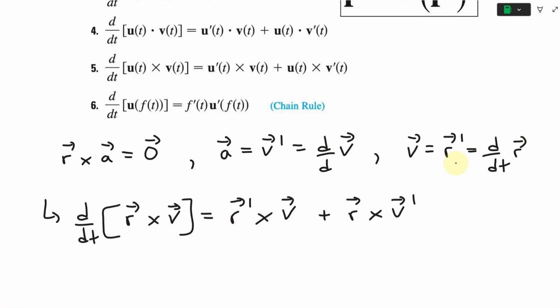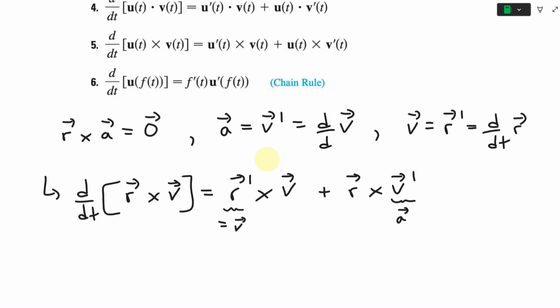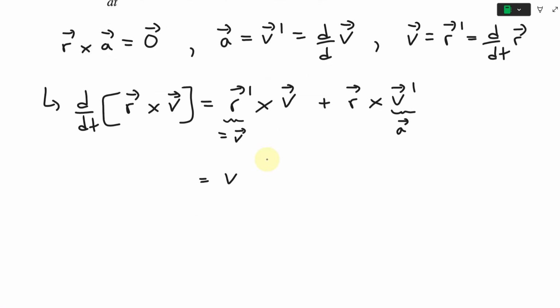So this equals v cross v plus r cross a.